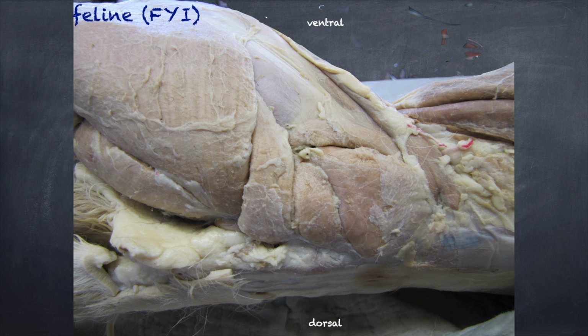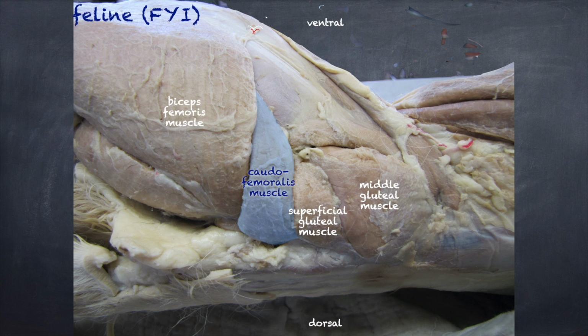This is the feline. And we've got, just like we do in the dog, a middle gluteal muscle, a superficial gluteal muscle. But then we have a muscle that we don't see in our other animals, caudal femoralis muscle. And that, of course, is the biceps femoris. Caudal femoralis muscle is really unique in that it consists of white muscle fibers, which are what type of fiber?